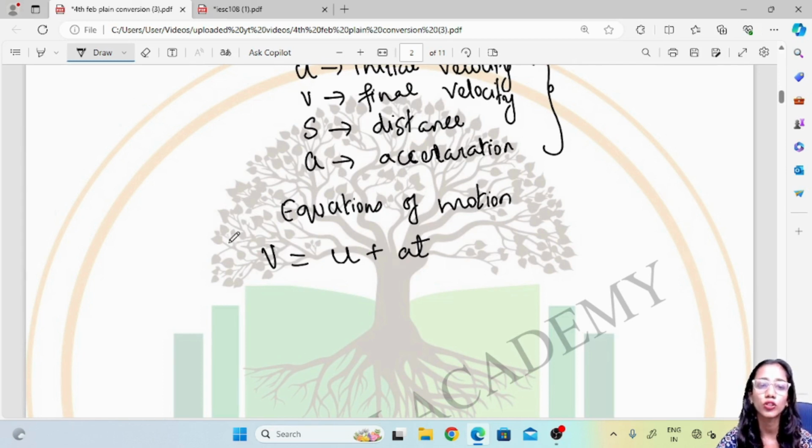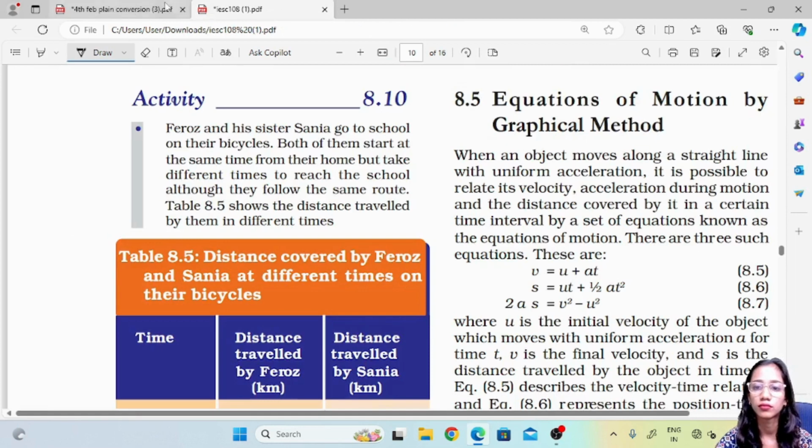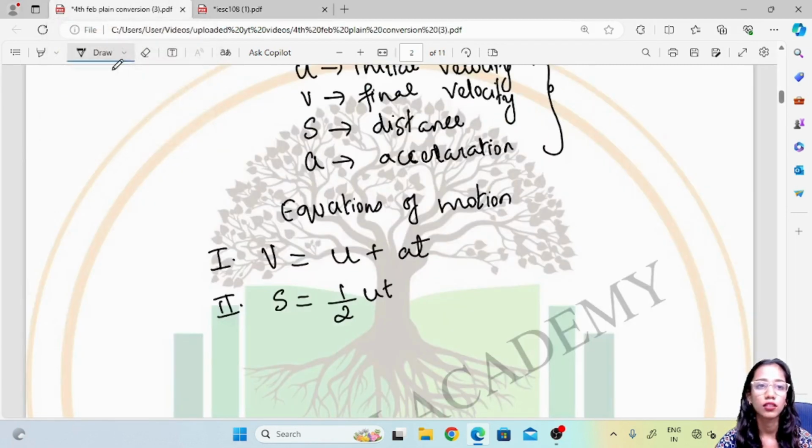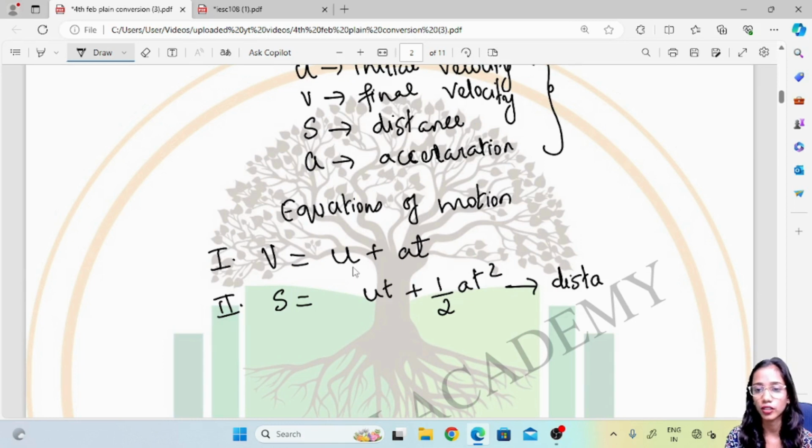The second equation of motion is s equals ut plus half at square. So this is called the distance equation, meaning over here you can find the distance.